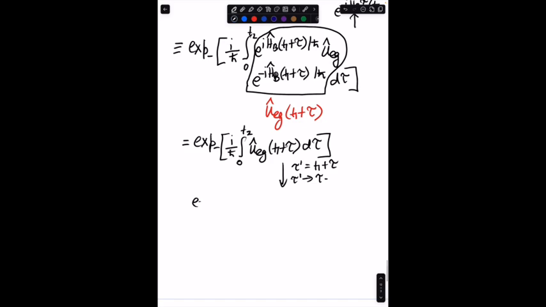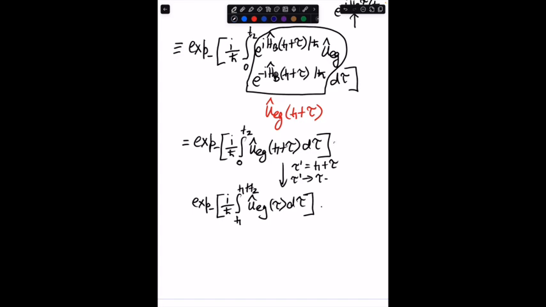And what you get is a negative time ordered exponential from t1 to t1 plus t2 of μ̂_eg(τ) dτ. So these two integrals are just equivalent, quite obviously.